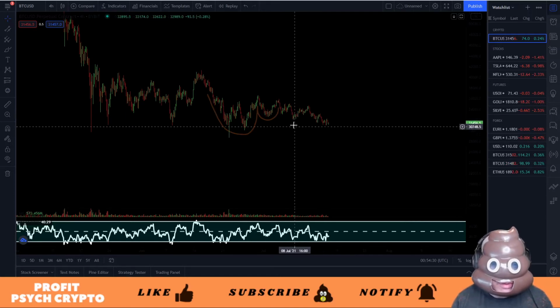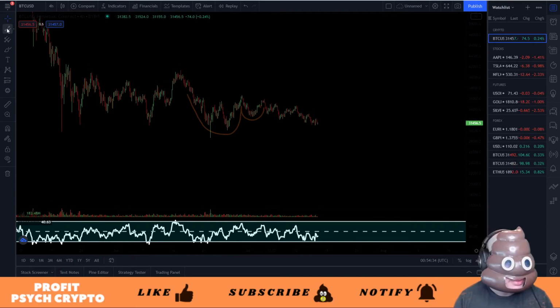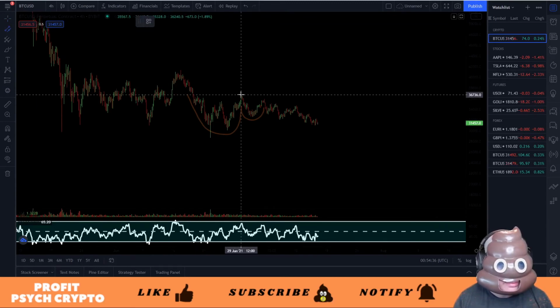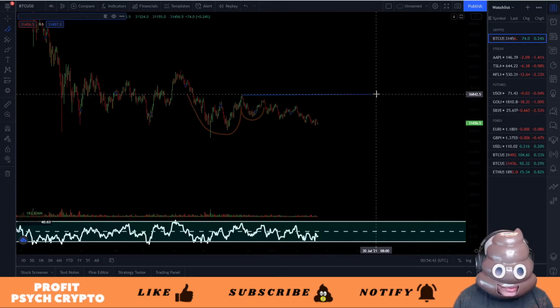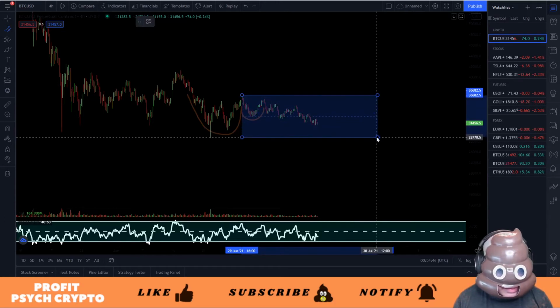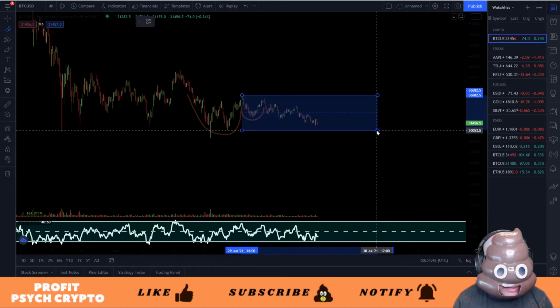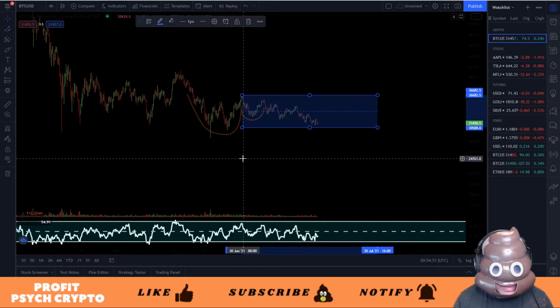We're not looking for a breakout on either side. And what you can do then is go ahead and take your parallel channel tool, and you want to start at the B line. Just draw that horizontally across, and then pull down. You could go to the wick, I like to go to the candle close, and there's my range.